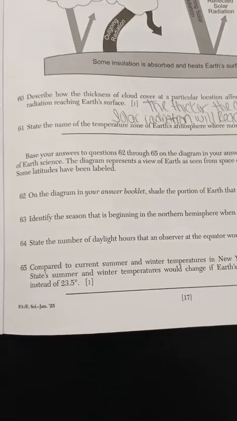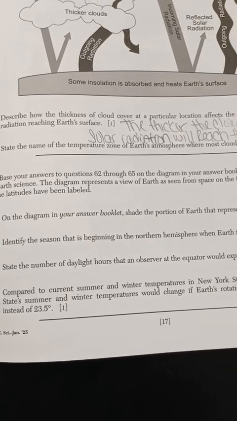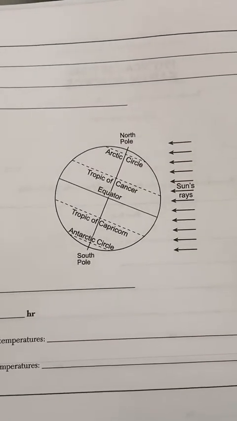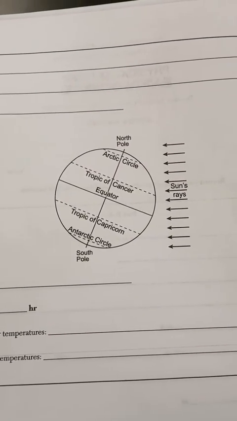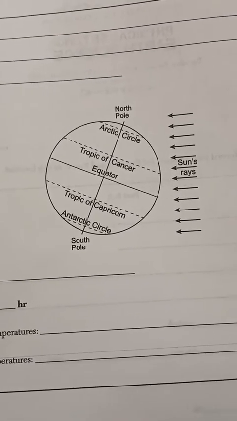Okay, so they want me to base my answers on here, and 62 reads, on the diagram in your answer booklet, shade the portion of Earth that represents nighttime. So how do I know which section will represent nighttime? Well, the sun's rays will give it away.